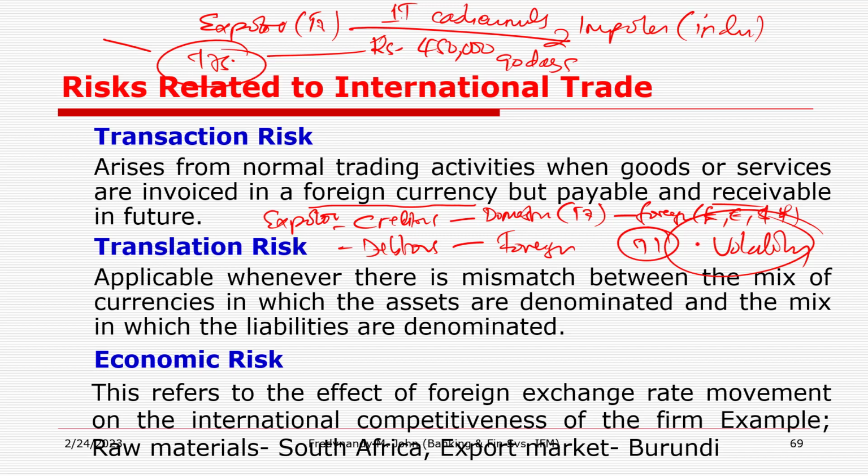And what about economic risk? This refers to the effect of foreign exchange rate movement on the international competitiveness of the firm. And this is brought about by, let's say, the prices of raw materials in different countries, or the value of the export in different markets.